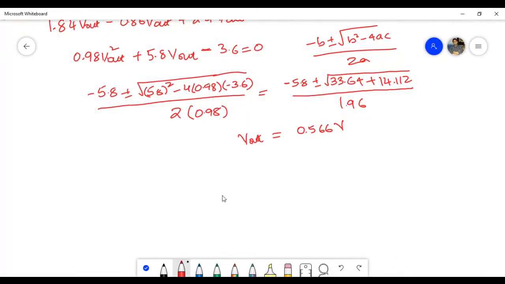So what we have, VIH equals 1.42 V out plus 1.6. Just keep the value of V out: 1.42 into 0.566 plus 1.6.